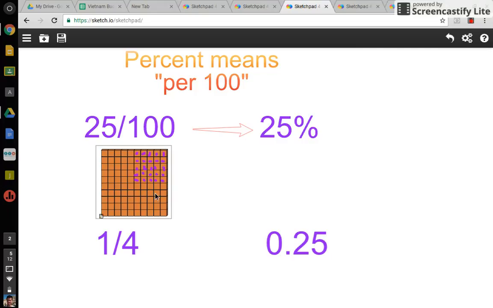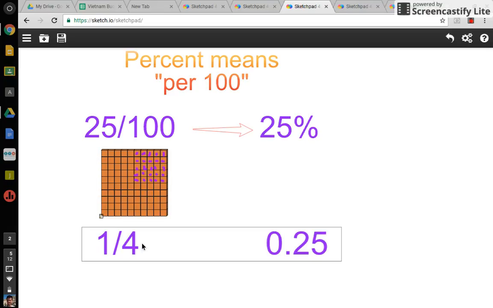Now you'll notice too that out of our 100 here, 25 represents one portion. If we count all the portions that could hold 25, we would have 25, 50, 75, 100. In other words, there would be 4 sections of our whole, and one of those sections would be our number that we have.